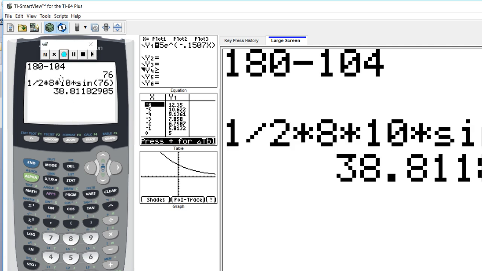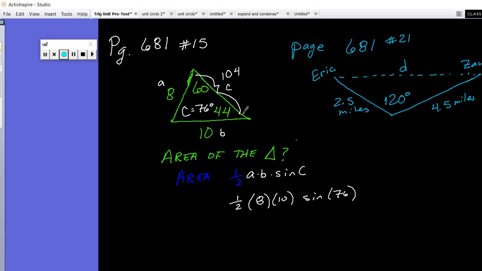It tells me the area is 38.8. On that, it has these as being meters. So the area is 38.8 meters squared.